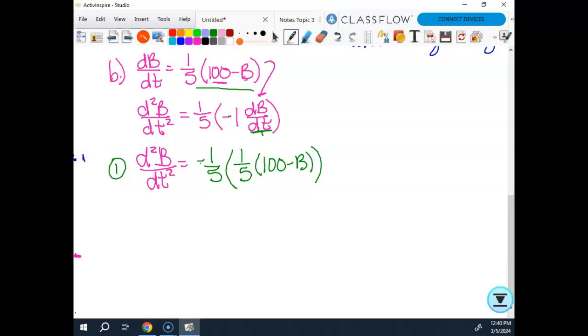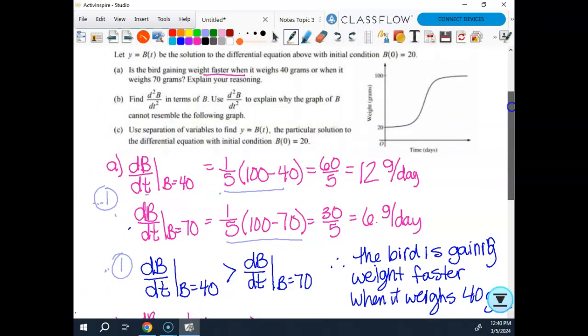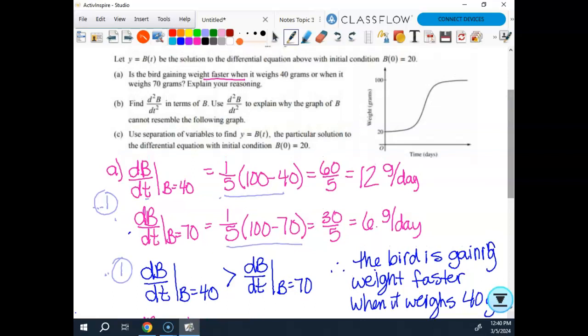Then it says, use this to explain why the graph of B cannot resemble the following graph. Okay, so look at this graph here. Concave what? Up and then concave down. Yes?